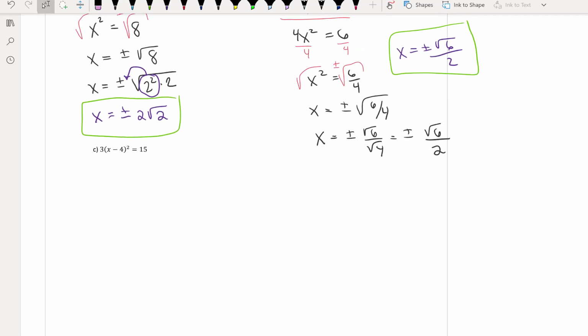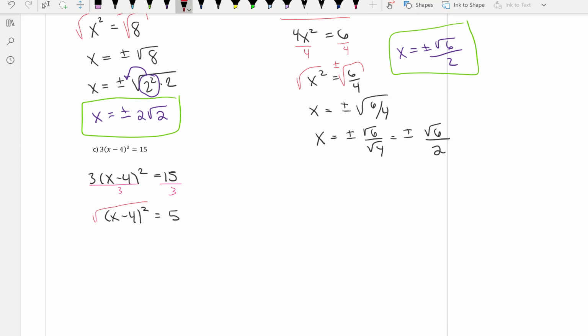Now I'm going to look at part C. I'm going to rewrite it: 3 times (x minus 4) squared is equal to 15. I'm going to divide by 3 to get rid of it, so that I have (x minus 4) squared is equal to 5.